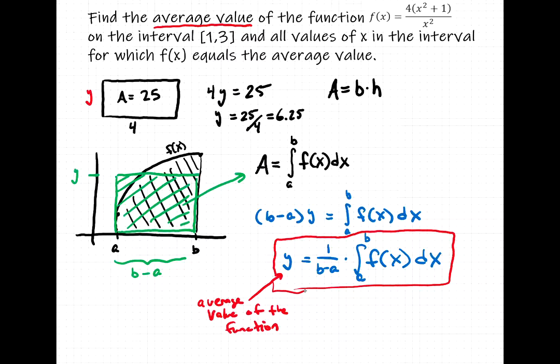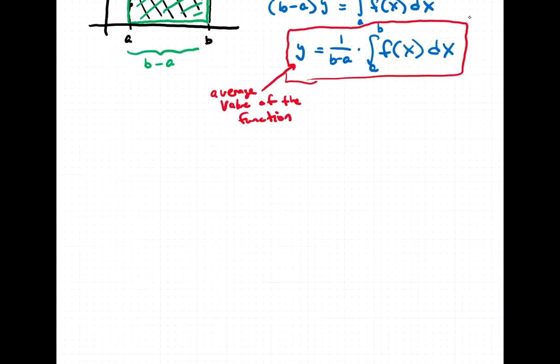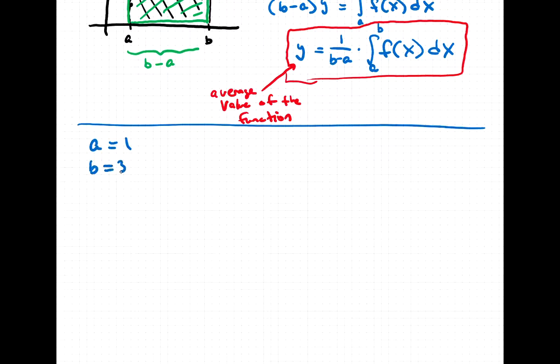We have the function f of x equals 4 times the quantity x squared plus 1 over x squared on the interval 1 to 3. All right, so let's see what we got. a is 1, b is 3, so that's our interval 1 to 3.